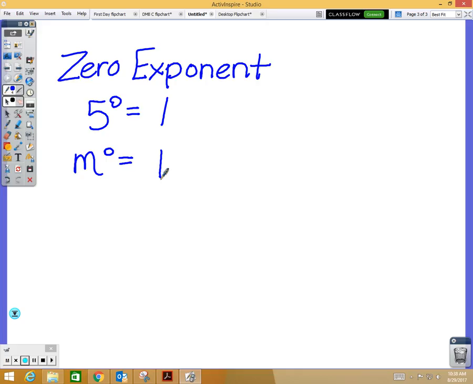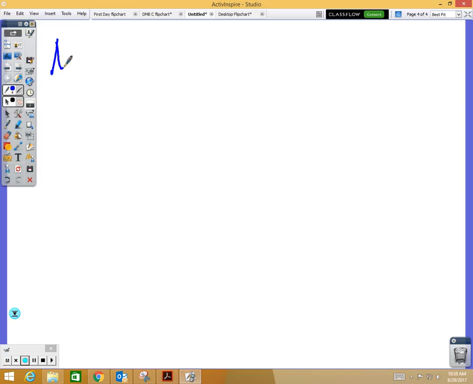Now for your negative exponents, there's a trick that you can do here. Instead of making that chart like we just made, we'll be able to do a trick that always is going to work for us. So again, this is going to be our negative exponents.